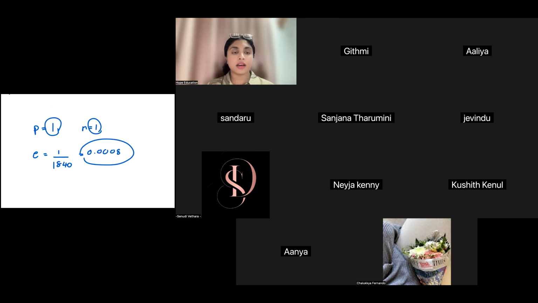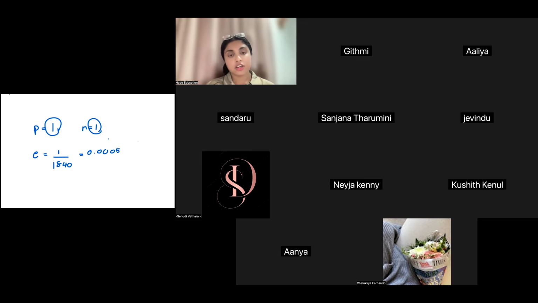Actually, it's not 8. 1/1840 would be something around 5 or 6, like 0.0005 or 0.0006. We don't need the exact value, but just to give you an idea, if the mass of a proton is 1 and the mass of a neutron is 1, the mass of an electron would be 1/1840, something like 0.0005 or 6.